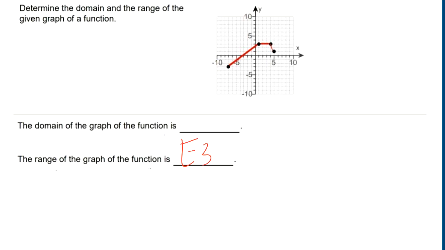So when I was plotting my x's and my y's, my first y was -3. And then I went up, I used all these, and then I ended here, 1, 2, 3 at +3. Okay, so that's domain and range.